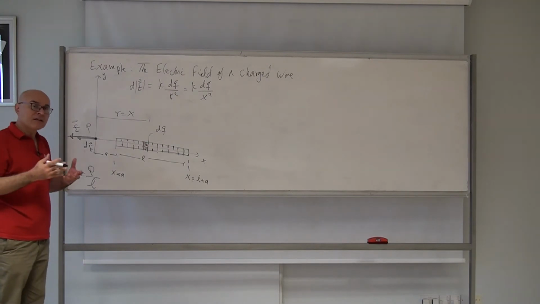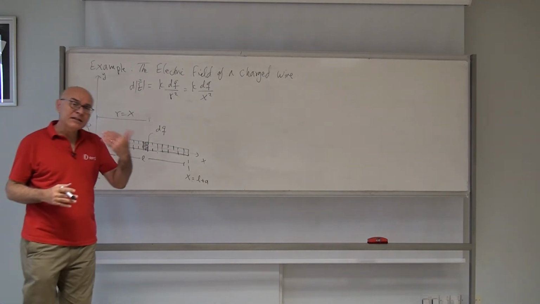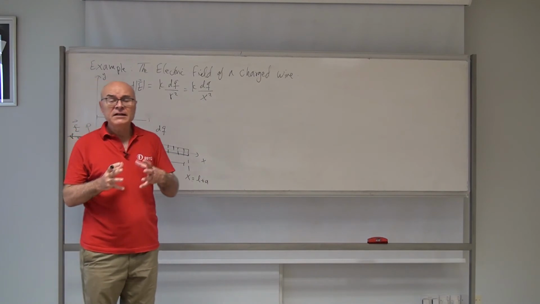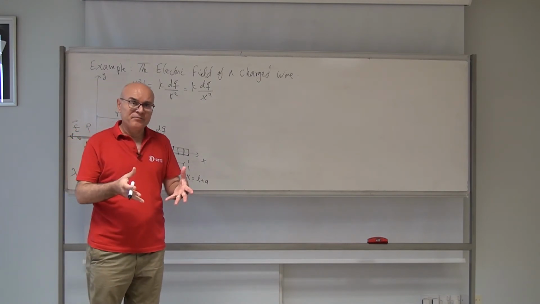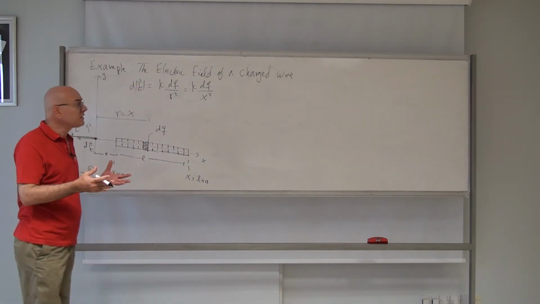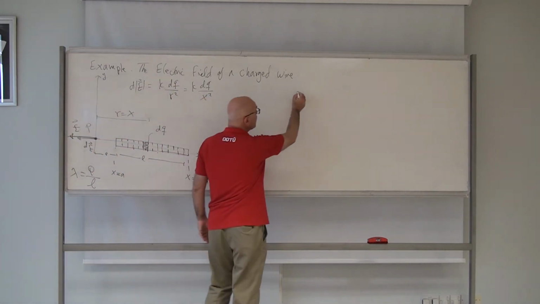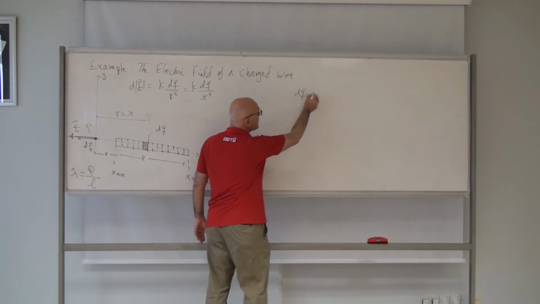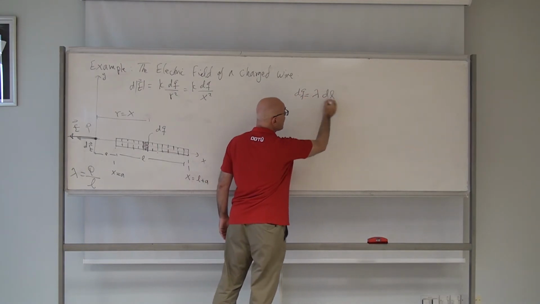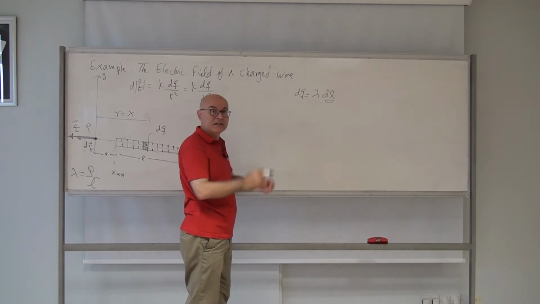Now after that you express dq in terms of the charge density. As we have learned, because this is a linear charge density, dq is equal to the linear charge density multiplied by the length over which it is extended.